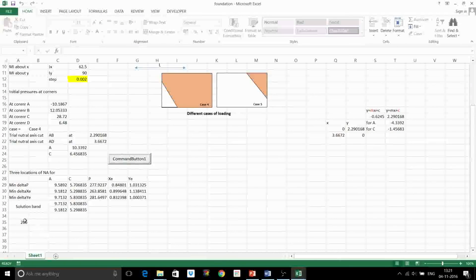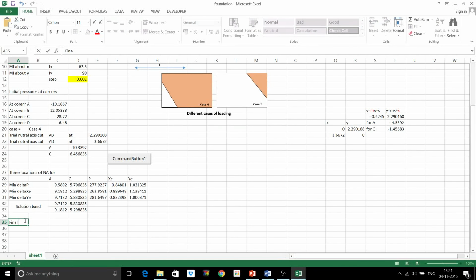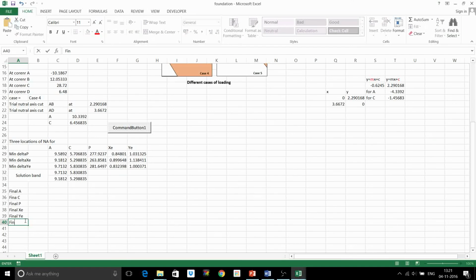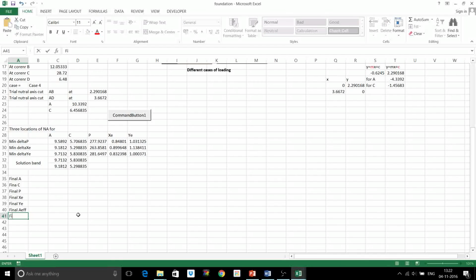So what I will do here does not require now. So final A, final C, final P, final XE, final YE, final area, and then not final, we can say revised parameters.